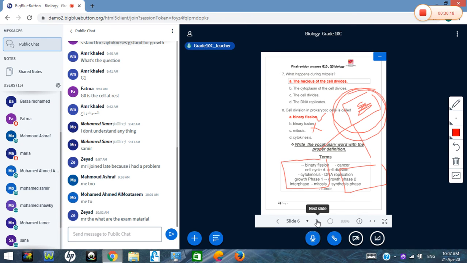The stages of the cell cycle: number 1, interphase, number 2, mitosis, number 3, cytokinesis.